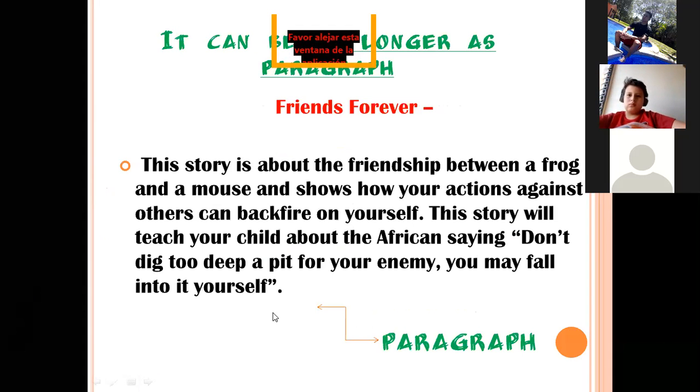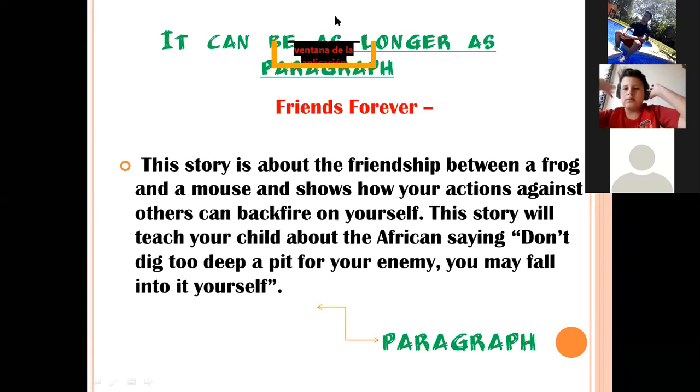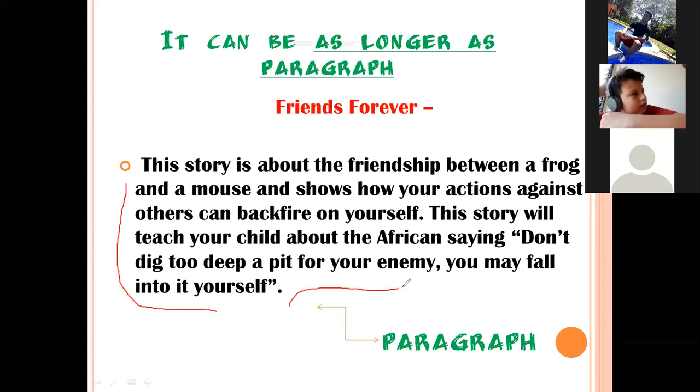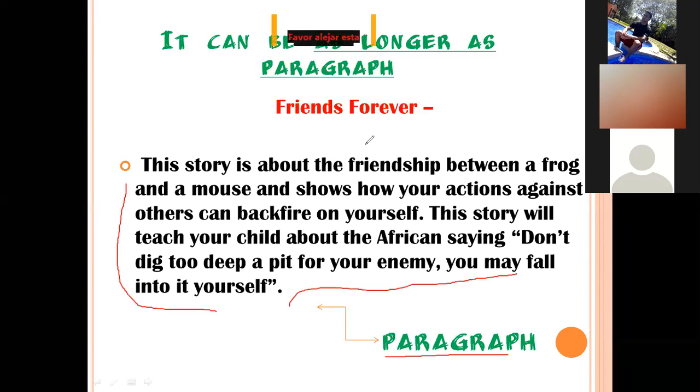The second one, as I told you, can be as long as a paragraph. Imagine this is my paragraph and this is my summary about all my story. Imagine my summary is all of this. My summary in simple words can be a paragraph because I sum it up.